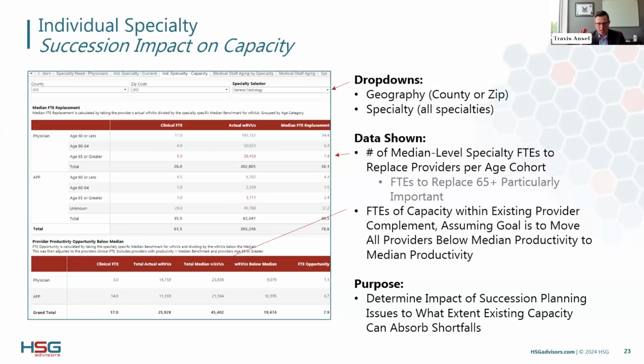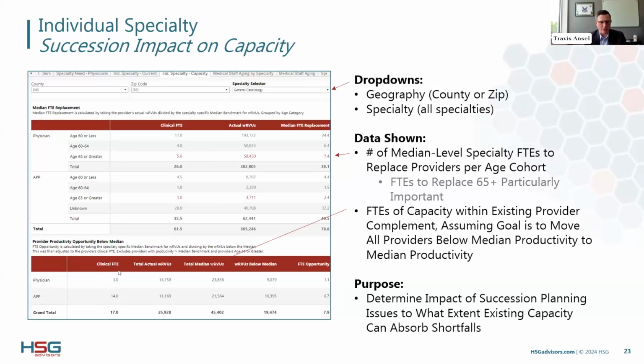We chose the median as a generally agreeable point that providers should at least aspire to work at a median level within their specialty if they're a 1.0 FTE.